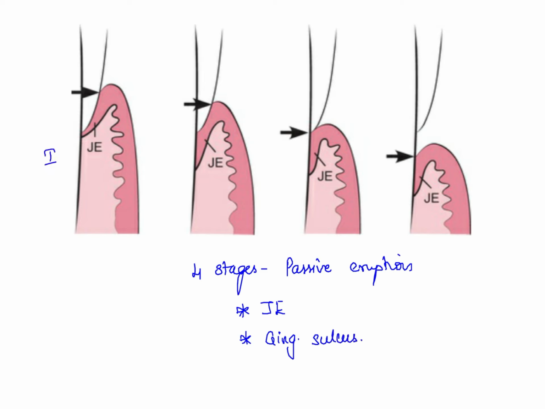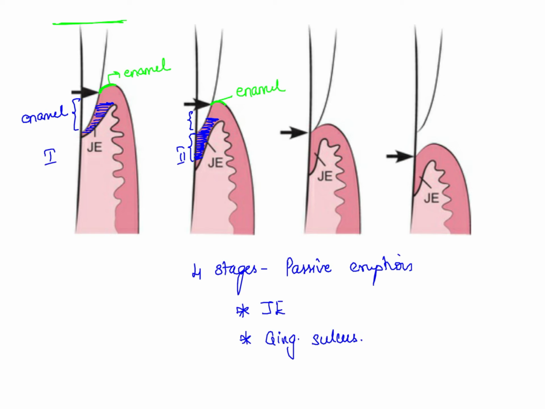If you look into the first picture, stage 1, you can observe that the junctional epithelium is on the enamel, and the base of the gingival sulcus is also on the enamel, and this denotes the normal position once the tooth reaches the occlusal plane. Whereas in stage 2, you can observe that there is proliferation of the junctional epithelium, and it is partly on the enamel and partly on the cementum, whereas the base of the gingival sulcus is still on the enamel.